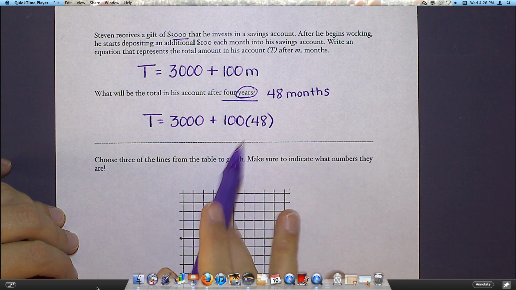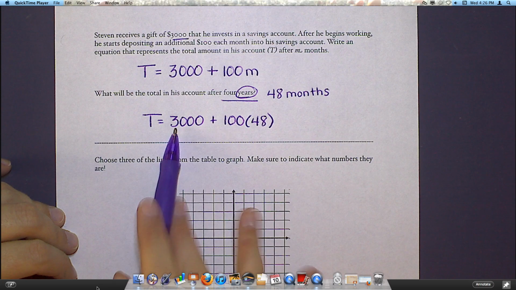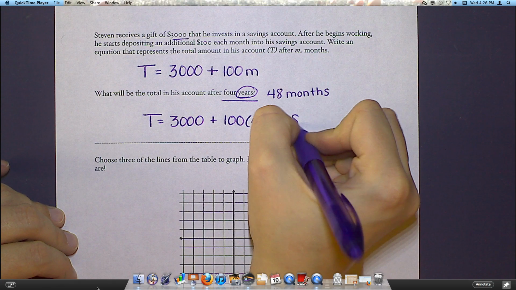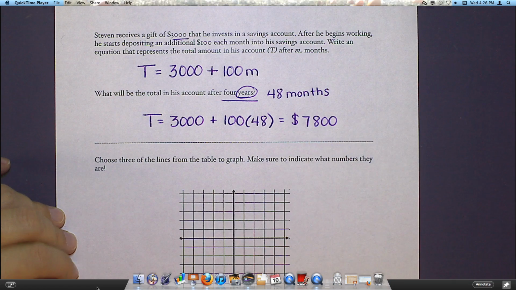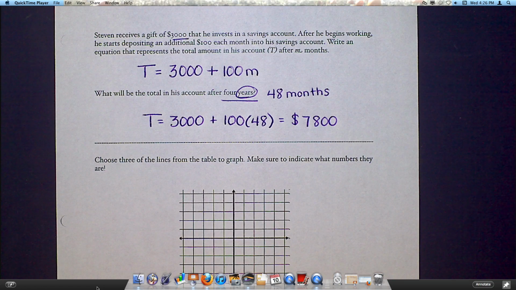That's going to be 4,800 plus 3,000, which should be $7,800. Okay, so you're just plugging the amount of months in there and getting the total. Nothing tricky there.